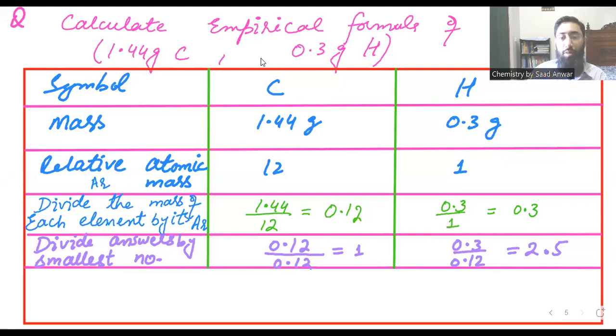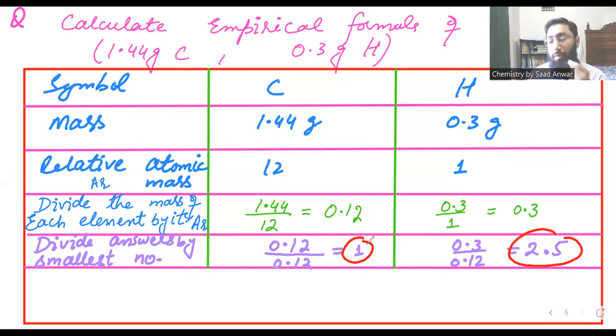Now guys, there is a problem. You are getting the value of hydrogen in fraction. This should not be in fraction. So how can we remove the fraction? The next step is multiply these values with a whole number.